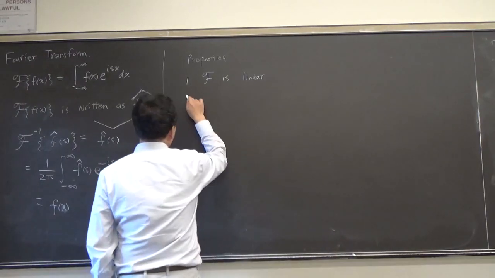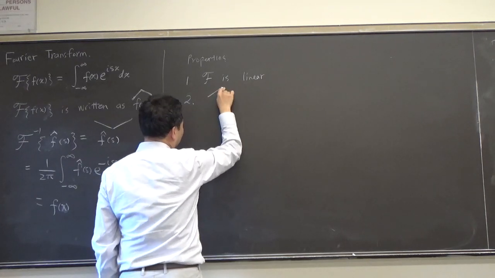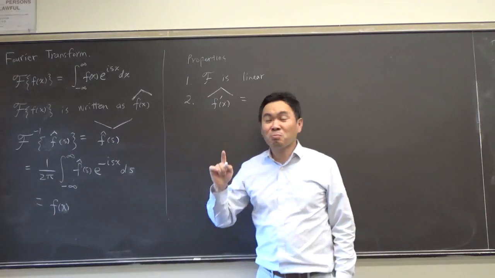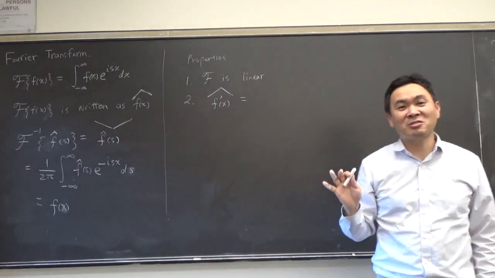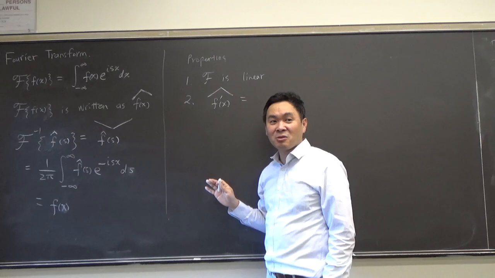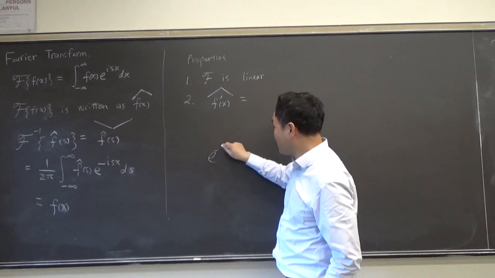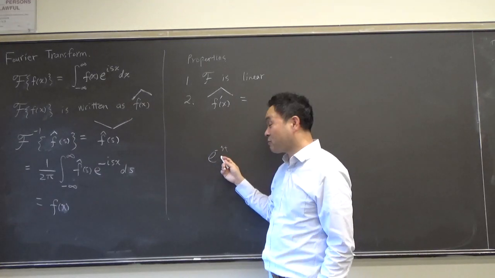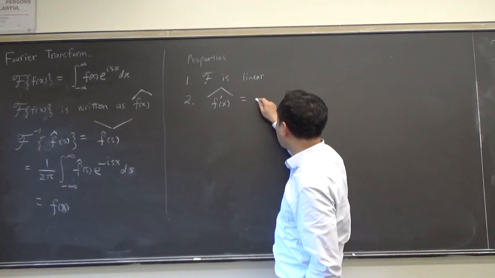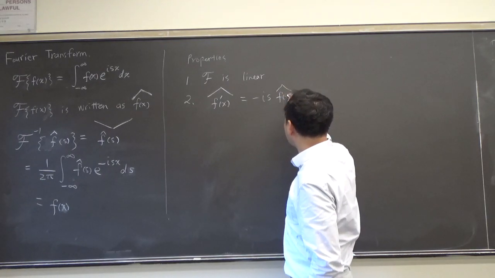Number 2, if you take the Fourier transform of f prime of x, well, the proof of this basically copies the Laplace transform proof. Just like how, with e to the negative st, the derivative, by the use of integration by parts, brings down an s, in our case, it brings out a negative i s times f hat.